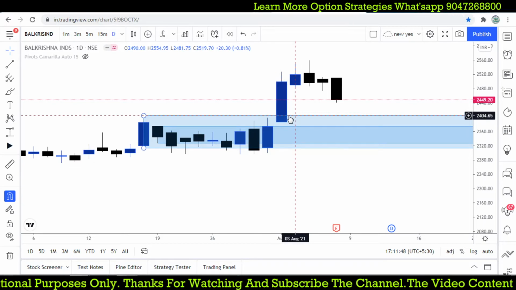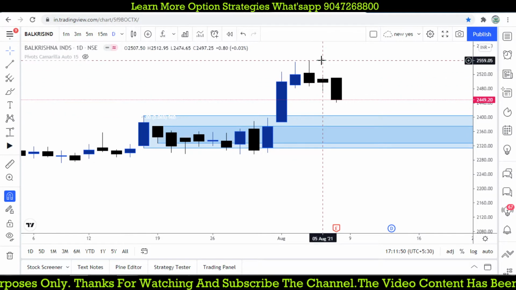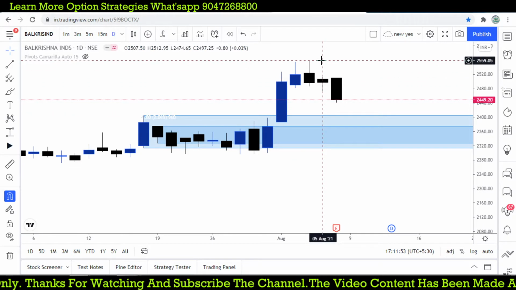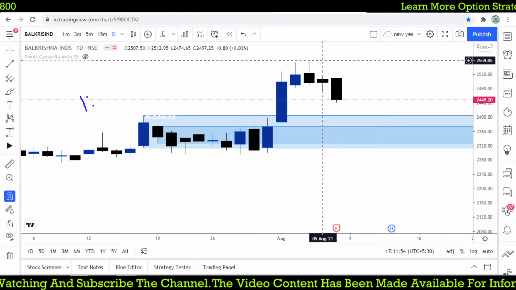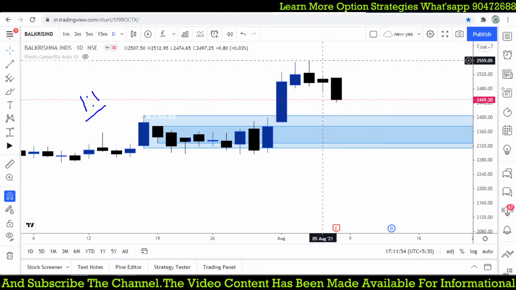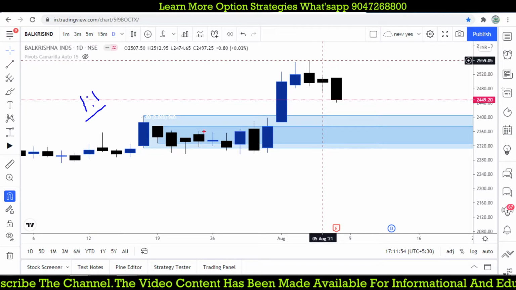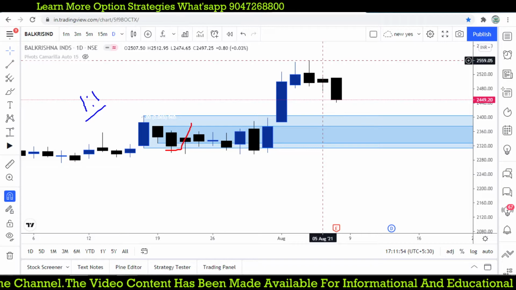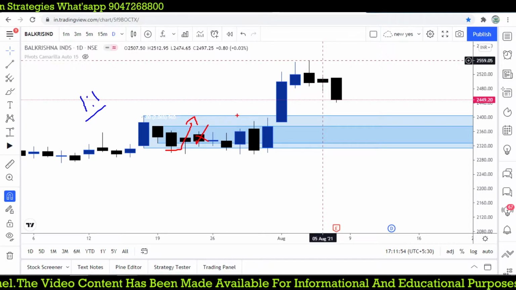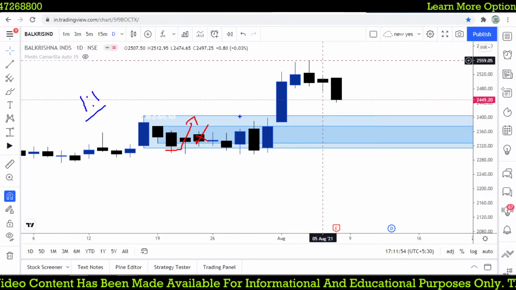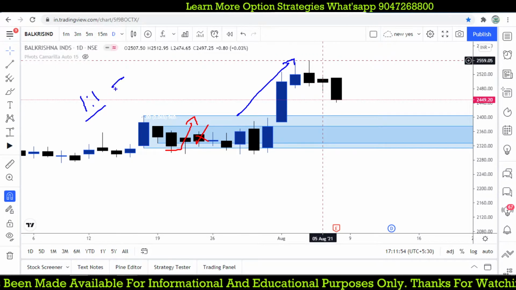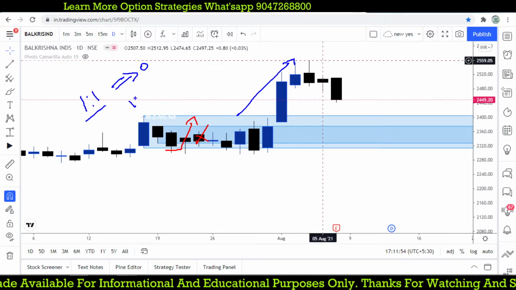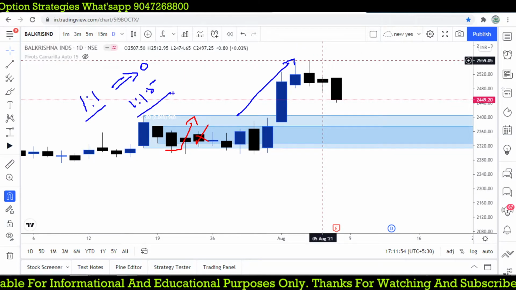And from that 2400 level, it reaches up to 2559. So if you are doing a 1:1 risk reward ratio, we lost the trade which failed at this time, and this buy works clearly and better and it moves to the target. So at 1:1, we are at no loss, no profit. At 1:1.5, we are in profit.